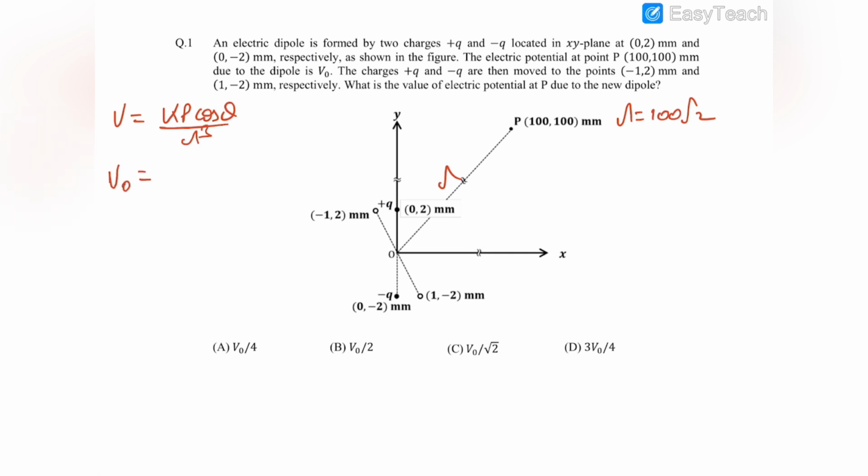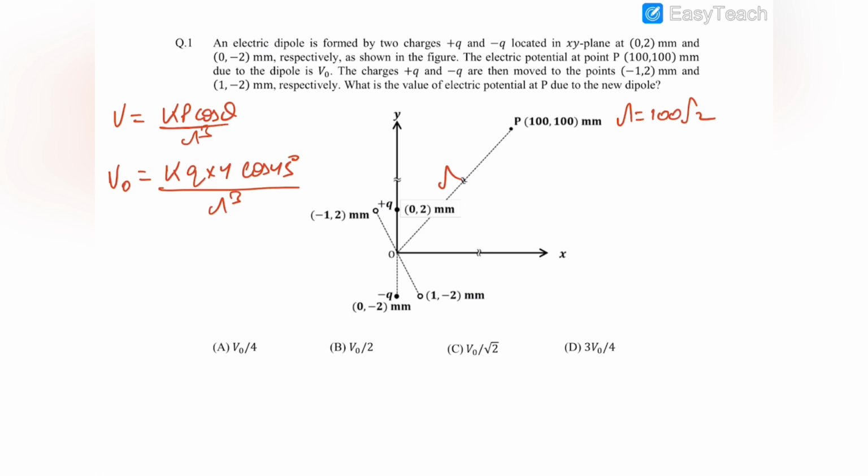So V0 is K P, and P initially is Q into this distance, and this distance is 4 mm. So K Q into 4 cos 45 by r cube.